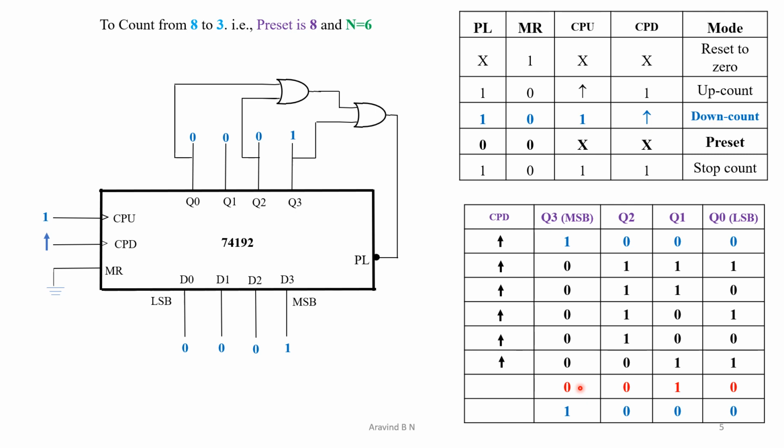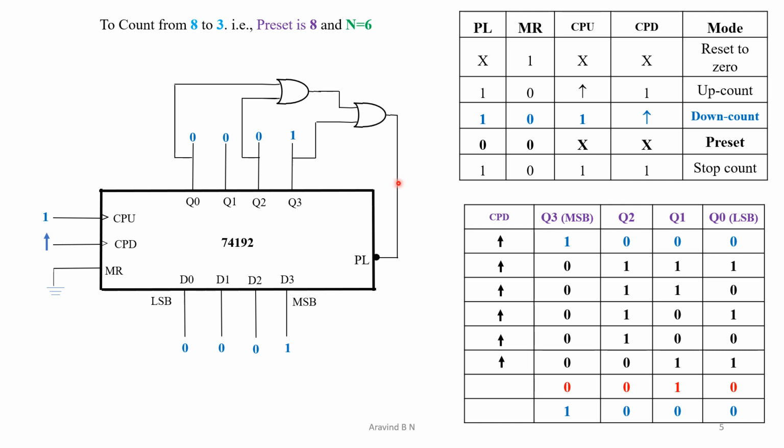In this particular case, the OR gate is going to work for us. If you make a combination of any other previous case, the output of this combination will remain as 1. Only in this particular case, the output of this combination is going to be 0, which is going to trigger the parallel load operation, which will load this value 8 to the output.